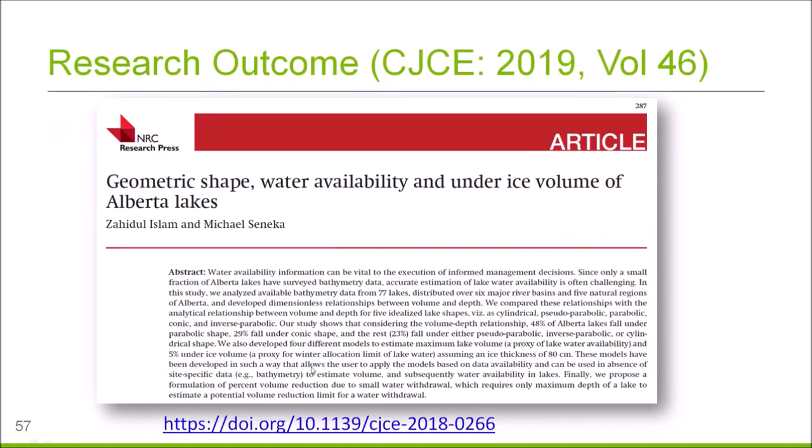Everything that I talked about has been published in this journal paper, so you can follow this link to download the paper and read it if you want to know more about this study.